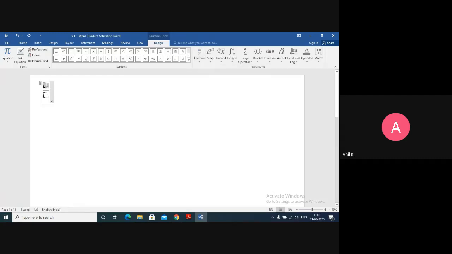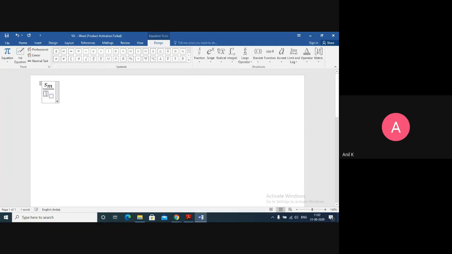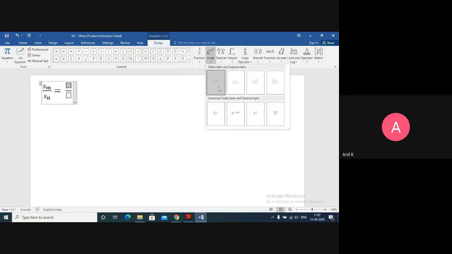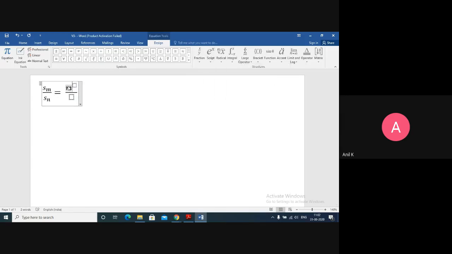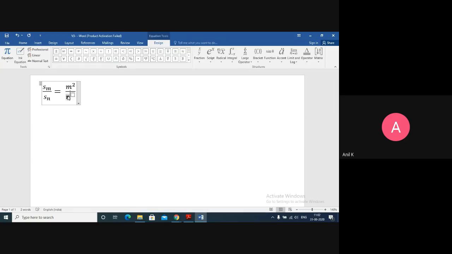Here it is given as Sm upon Sn is m square upon n square.